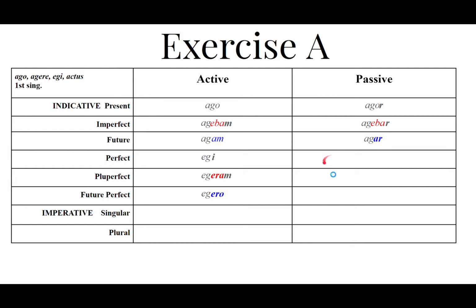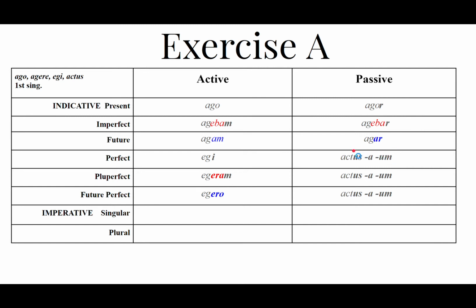For the perfect, pluperfect, future perfect passive, it follows the same rules as first and second conjugation. Fourth principal part, make sure you make it like an adjective, us, a, um. We only put the singular us, a, um, masculine, feminine, and neuter because the person is singular. If this were first person plural, we'd write i, ae, a: acti, actae, acta, masculine, feminine, neuter.